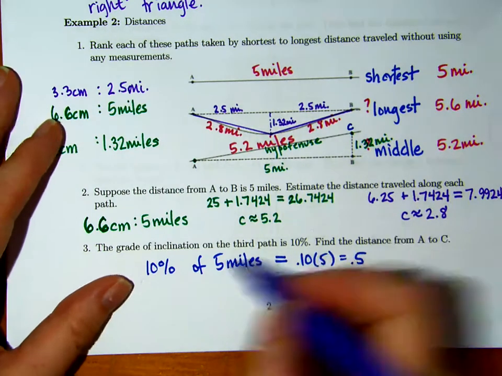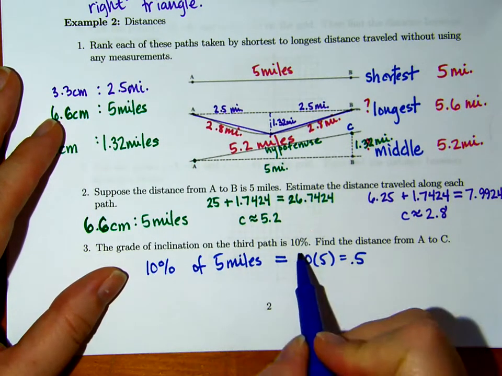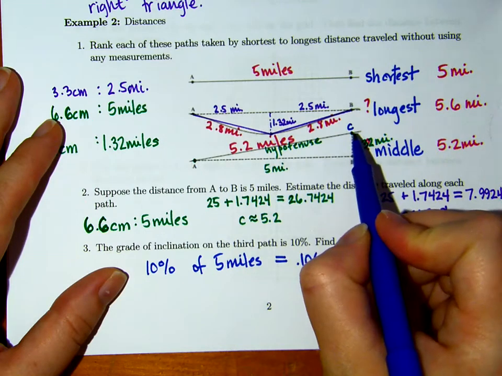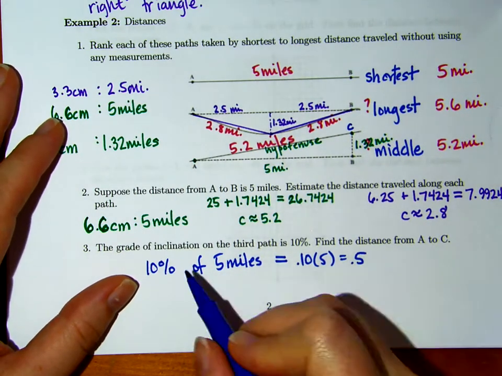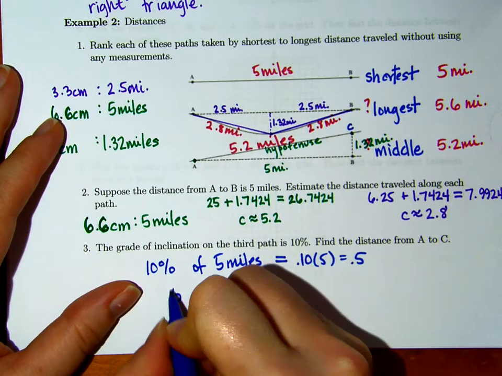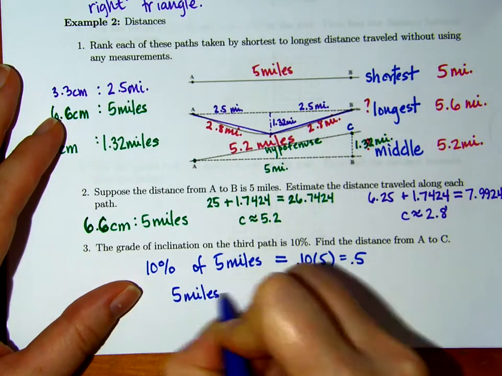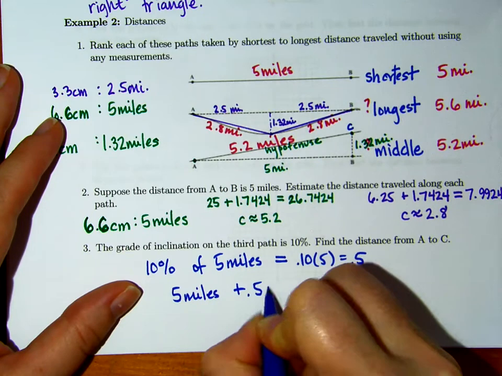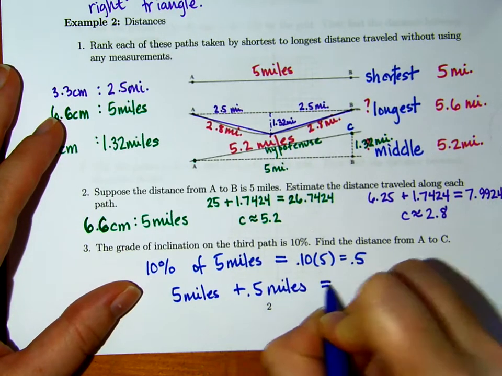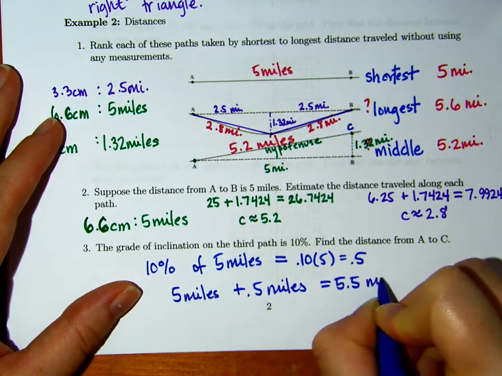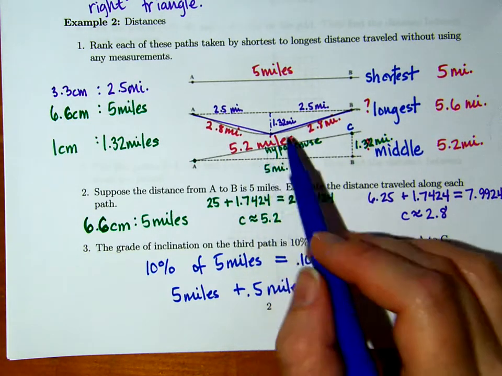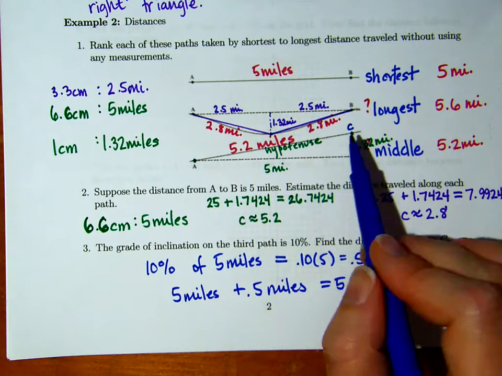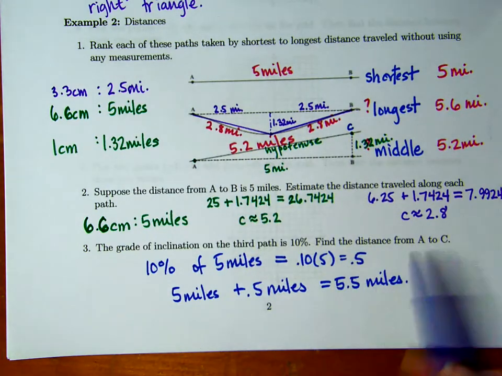And then what this means is that that length from A to C is the base plus that 10%. Okay, which we know it's actually more like 5.2 based on actual measurements and scaling.